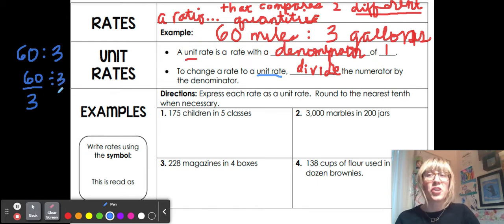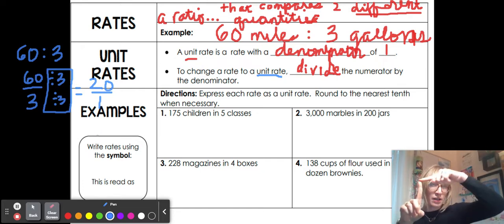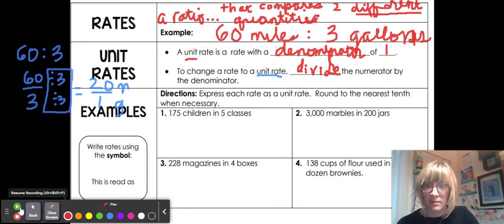And you are also essentially going to be doing that same thing to the bottom, that is a 1. And then we end up with 20 over 1. And all of a sudden, our denominator is a 1. So it became a unit rate, where one of the numbers in your rate is literally 1, a single unit. You want to remember to label. So these are 20 miles, and this is 1 gallon.